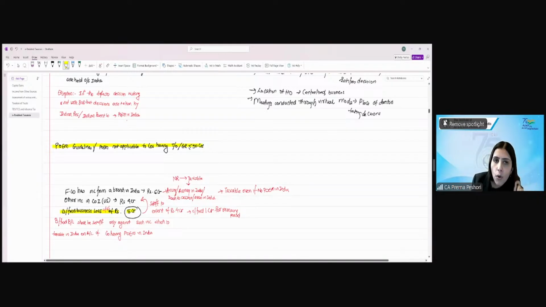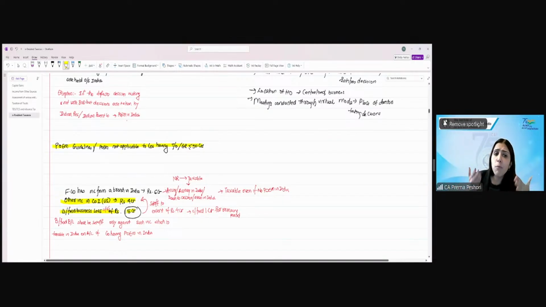This I can only set off against the income which is getting taxed in India because there is a POEM in India. So basically I can set it off only against this foreign income of 4 crore. I cannot set off against this Indian income of 6 crore. So only 4 crore I will set off, 1 crore I will carry forward for the remaining period.